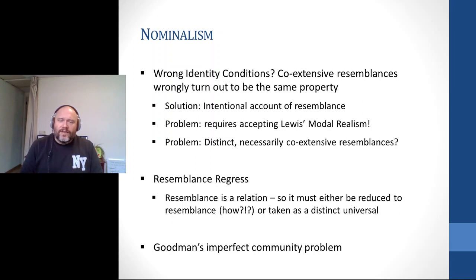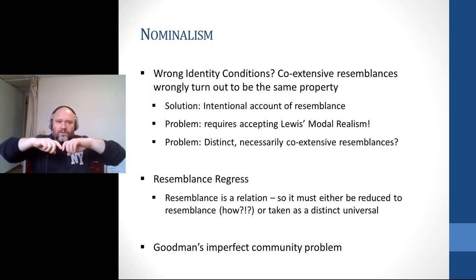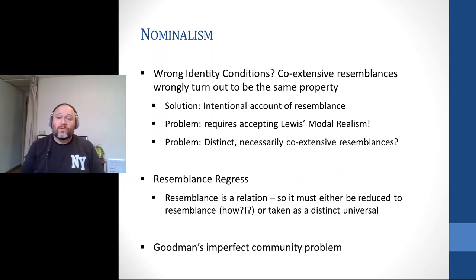So the solution here is very much like class nominalism. It's to move to an intentional account of resemblance. So instead of just thinking about the objects in this world that are resembled, we think about resemblance across all possible worlds. And this is a solution to the initial problem, but it leads to a version of the same difficulty we had before.